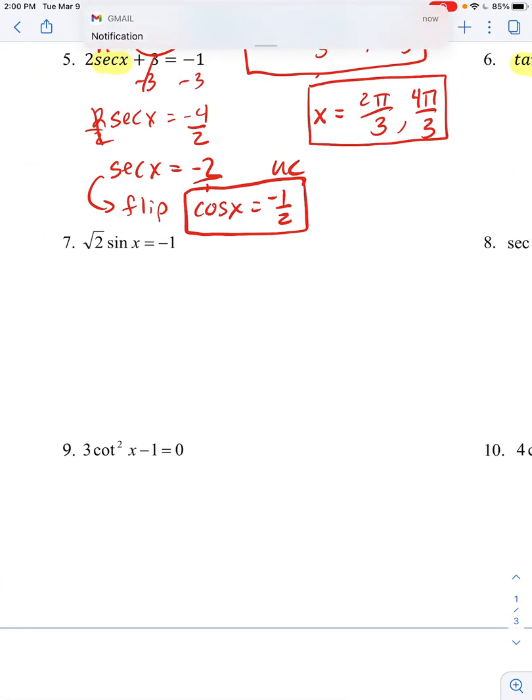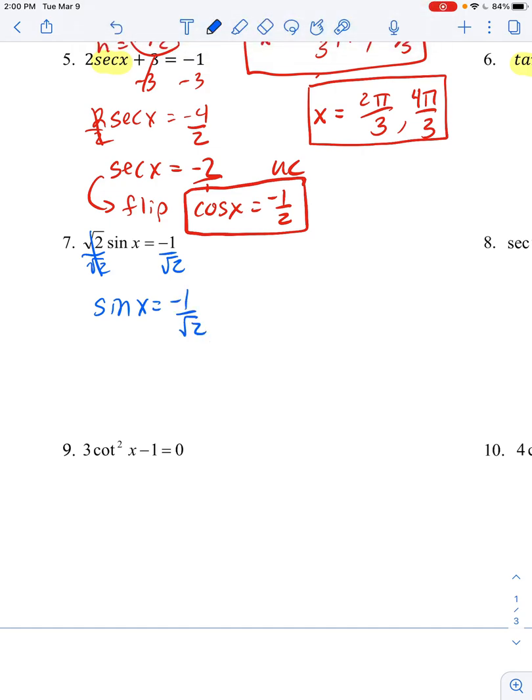Here I'm looking at getting the sine alone, so I divide by root 2. And I'm kind of done, and the reason I'm kind of done is my sine is alone, but I can't look this up on the unit circle because I need to rationalize it first. So what I end up looking for on the unit circle is negative square root of 2 over 2 after I'm done rationalizing.